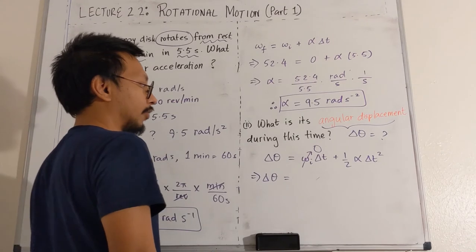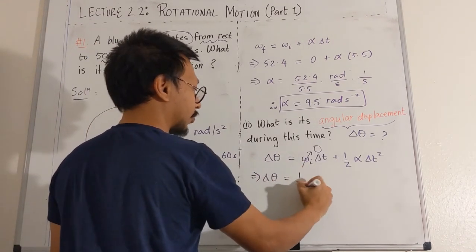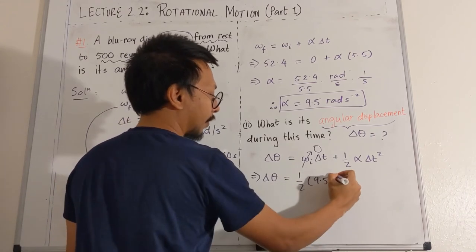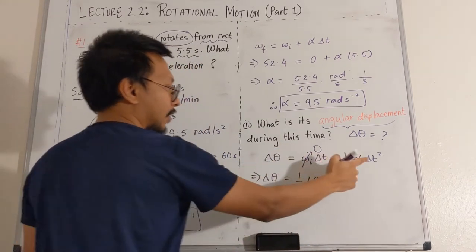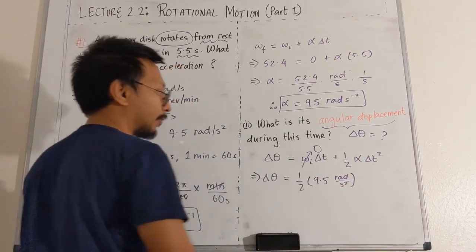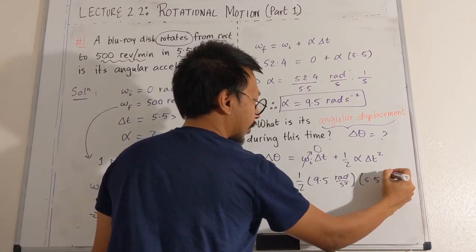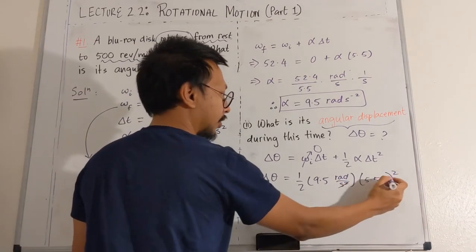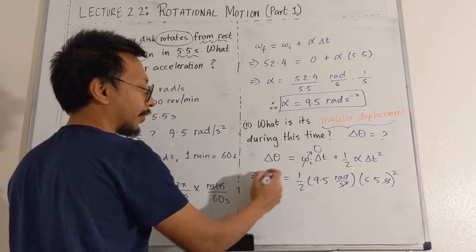Initially the disk was at rest, so the omega I term goes to 0. What we are left with is 1/2 times alpha, which we found to be 9.5 radians per second squared, times 5.5 seconds squared. The seconds squared go away and you end up with the measure of theta.